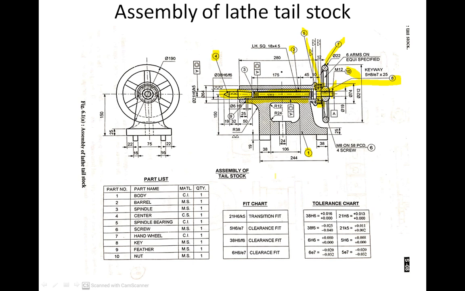In the assembly drawing, the sectional front view is given, and also the side view is given. From this given information, you have to draw the details of each part.